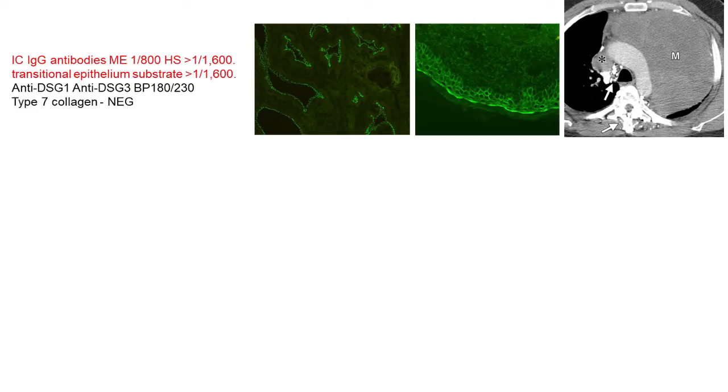So no pemphigus antigens lighting up, no BP antibodies, no type 7 collagen antibodies, all negative, which tells you she's got a paraneoplastic response going on. She had her thymoma removed.